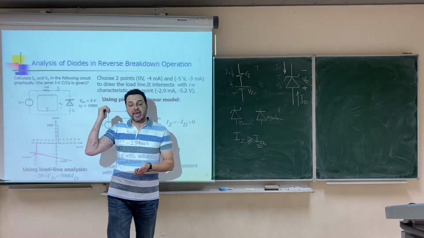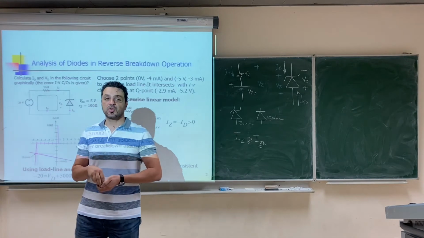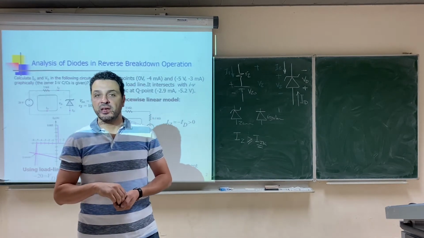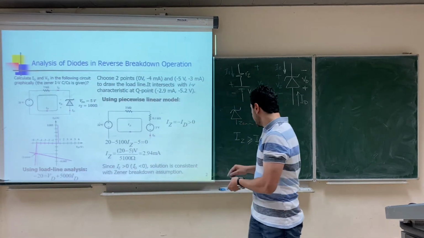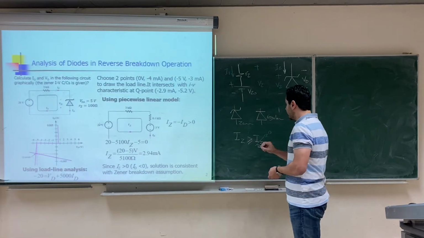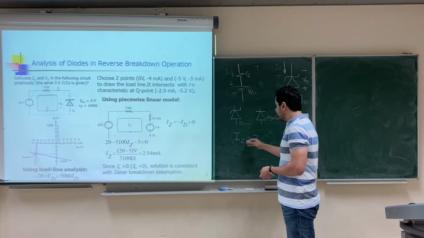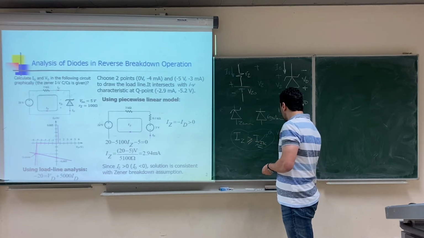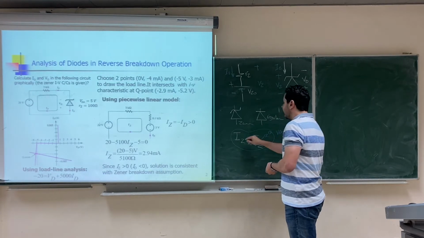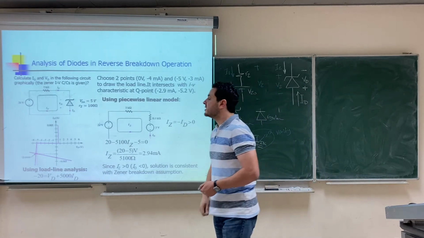I Zener K is not given in this problem, so what should we do? If it is not given, by default you take it as 0. So the condition for breakdown that we need to verify is that I Zener must be greater than 0.